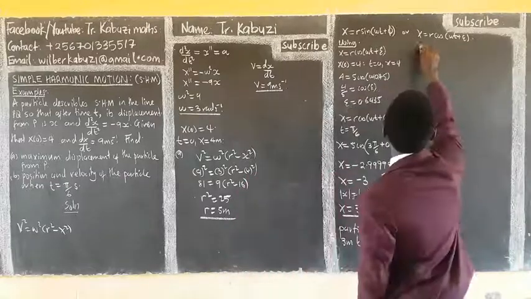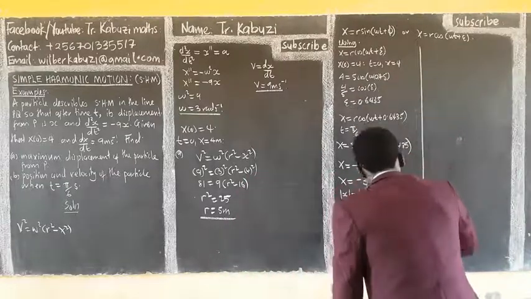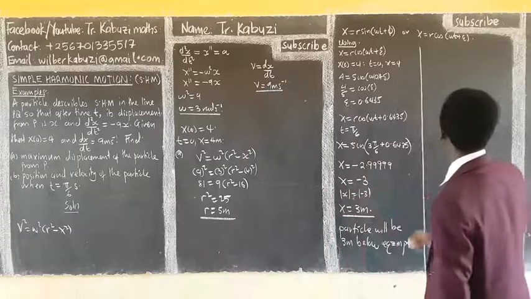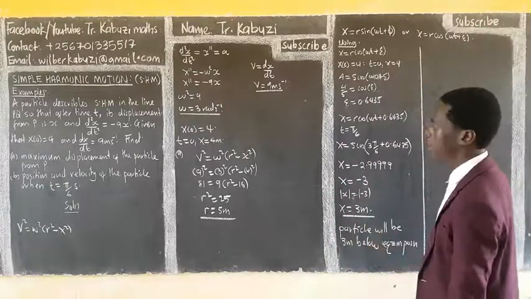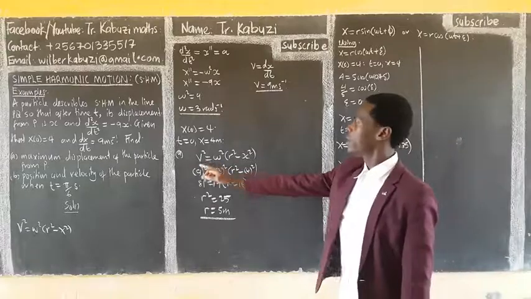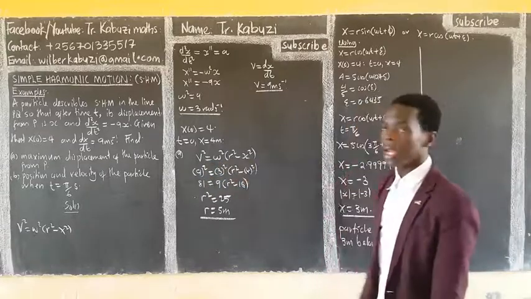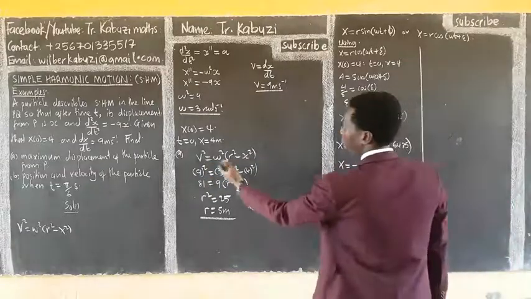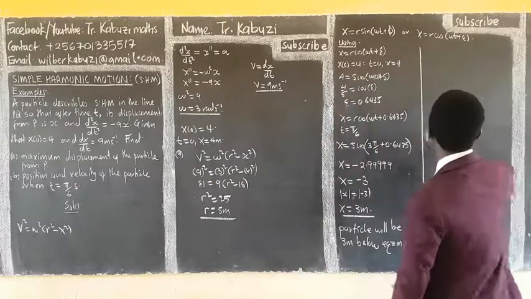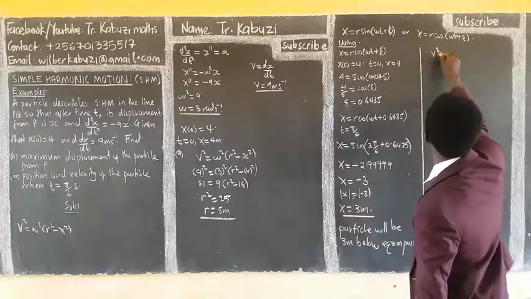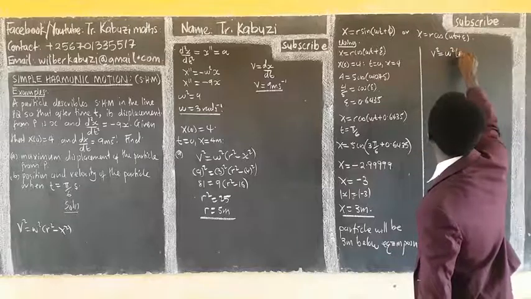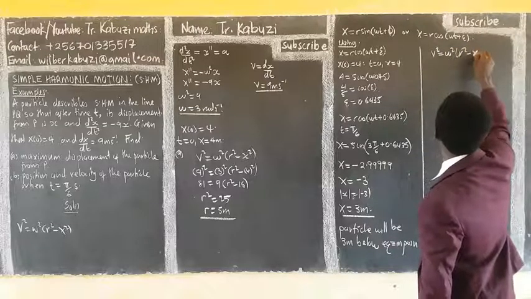Now, after getting that, because I want to get the velocity, I can use this. The displacement here will give me the velocity at that point. So v squared equals omega squared times (r squared minus x squared).